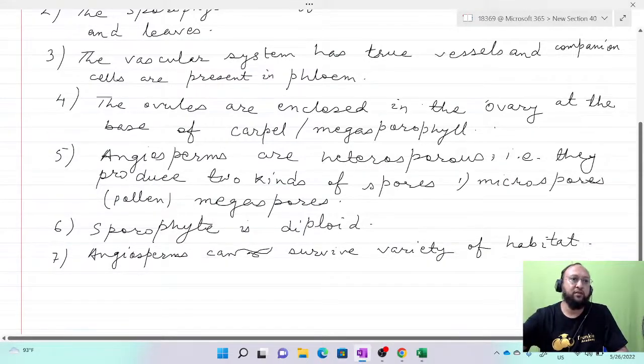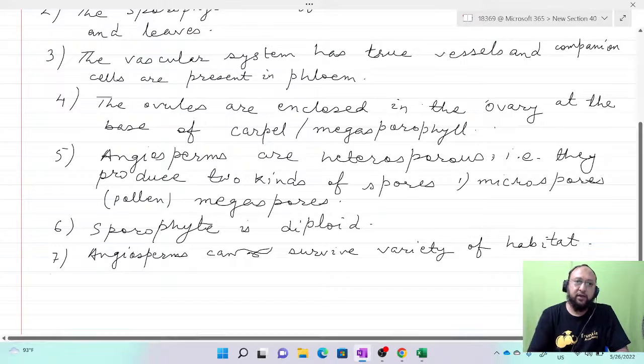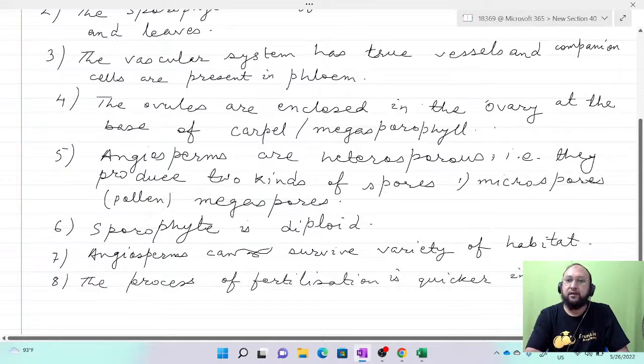Then another important point: the process of fertilization is quicker in angiospermic plants.